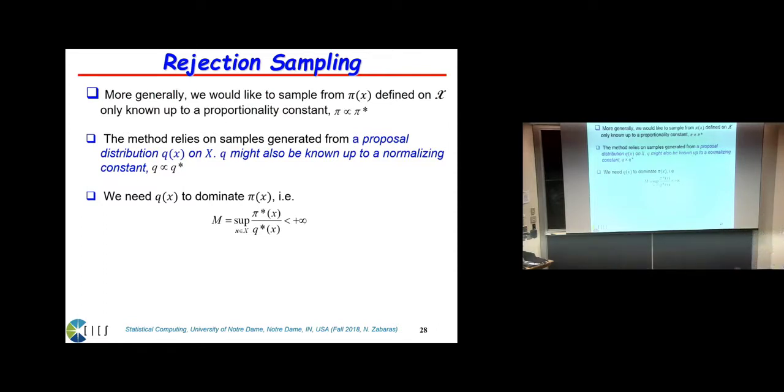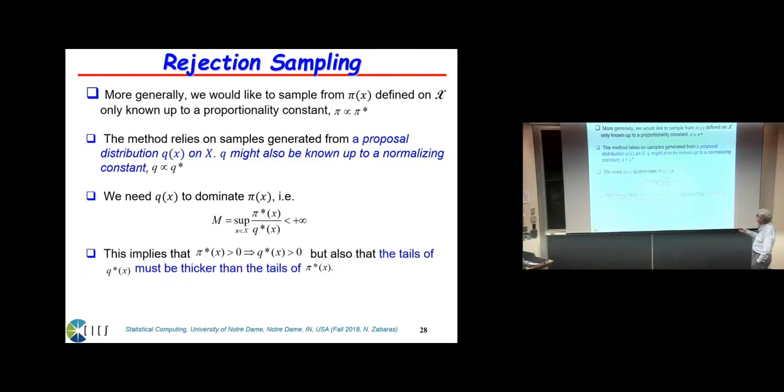If pi is a computer code, some very complicated distribution, Q can be a Gaussian. To be able to use this, we need an assumption, and an easy way to remember it is that Q needs to dominate pi of X. If you think of a univariate distribution, Q is basically on top of pi.